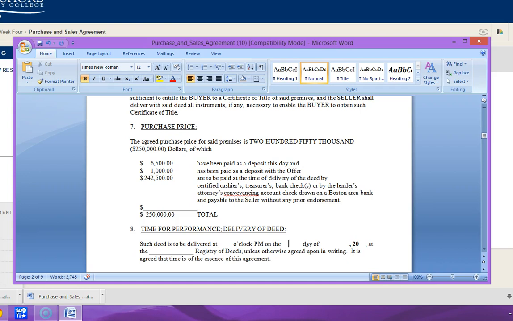Like I said, if the P&S is dated June 6th, this is no earlier than June 30th. Could be July 14th or 13th or something like that. And it takes place at the Registry of Deeds where the property is located, so for us, since we're in Lynn, it's Essex South.